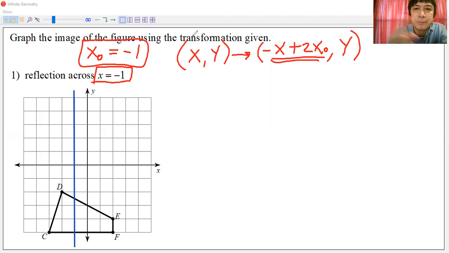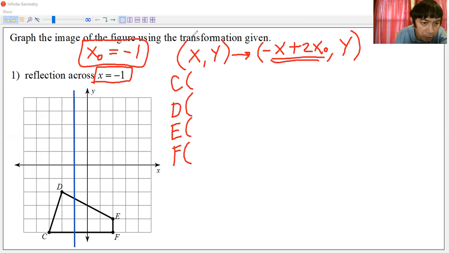Okay, so let's have the points. So we have the points for the original pre-image. Okay, so this is alphabetized C, D, E, F. So C, D, E, and F there. Okay, our point C happens to be at (-3, -5). Our point D is at (-2, -2).